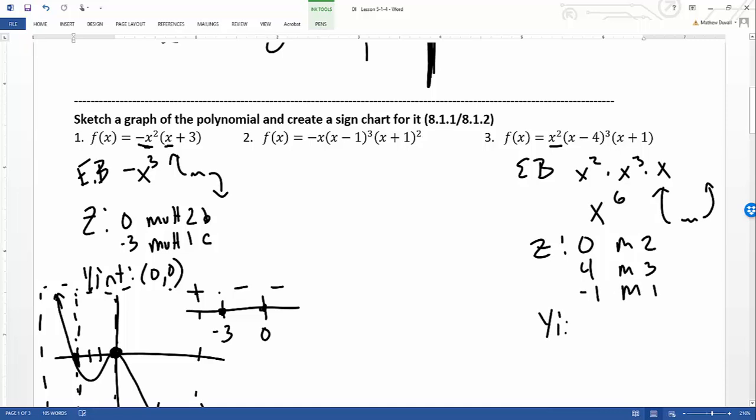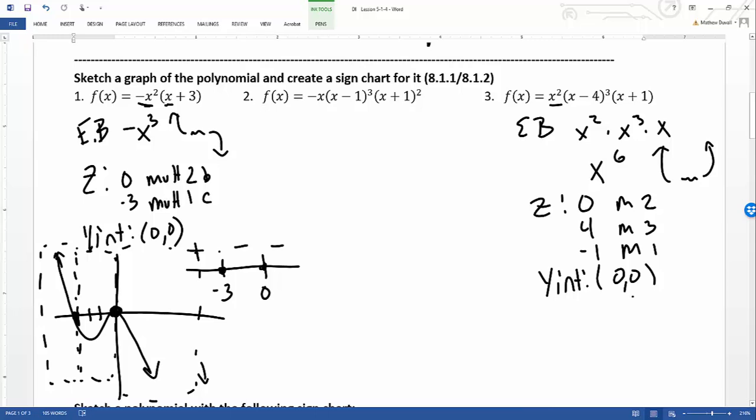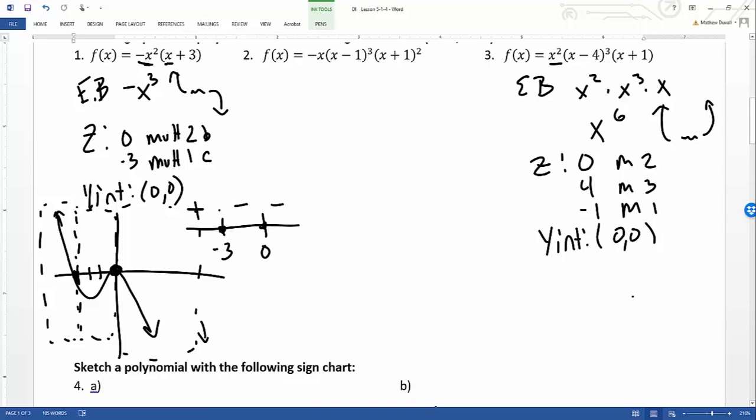And my y-intercept is going to be 0, 0, because 0 times negative 4 cubed times 1 is 0. So now graphing it, it goes up, goes up. I have 0, I have 4, and I have negative 1. It's going to bounce at 0 and cross at those two values. So it's going to cross, bounce, cross, and look something like that.